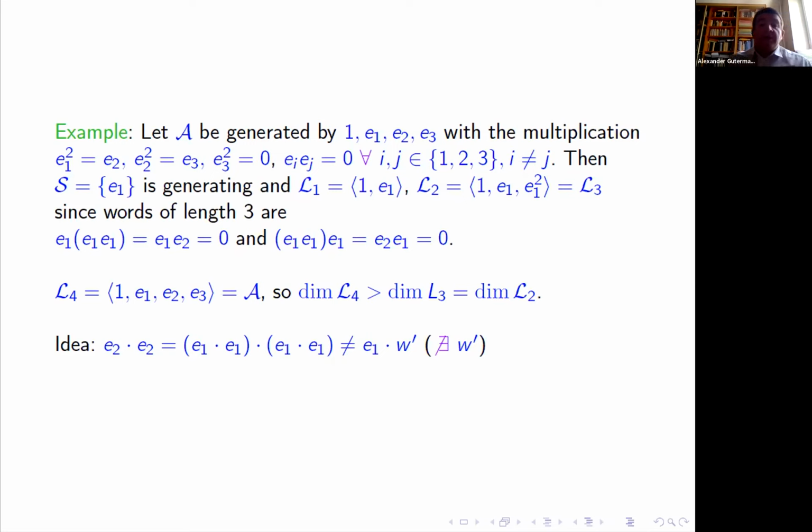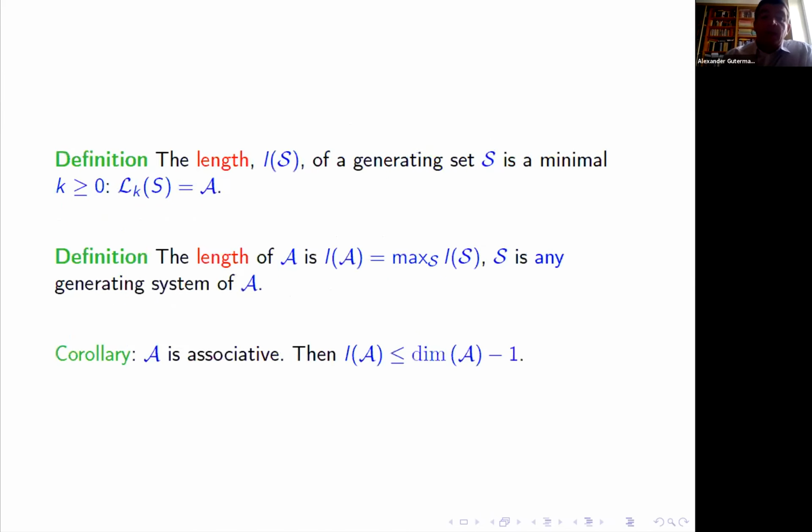Only this way, you could remember our generator is E1, and only considering its 4th degree, you could obtain the whole algebra. So in the non-associative case, this phenomenon is not true, and equality between subsequent members will not guarantee the stabilization.